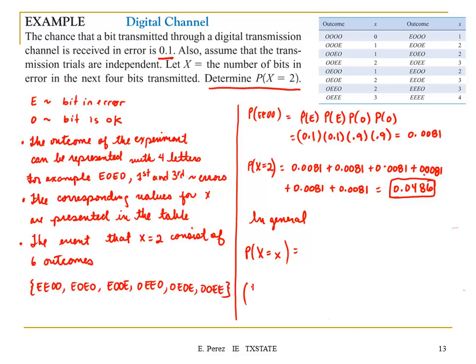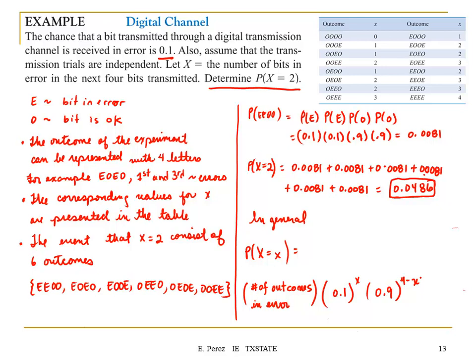It's the number of outcomes in error times 0.1 to the power of x times 0.9 to the power of 4 minus x. So this is the general model for this problem.